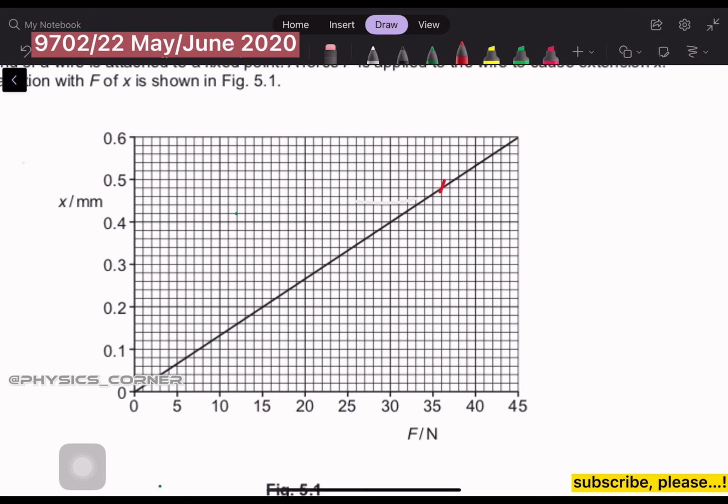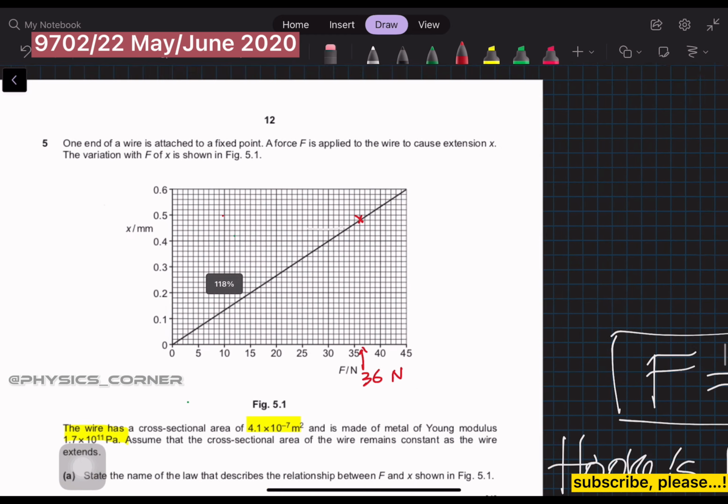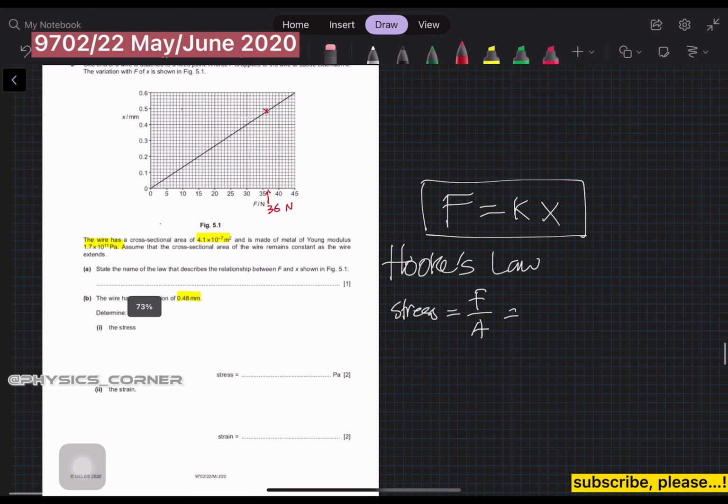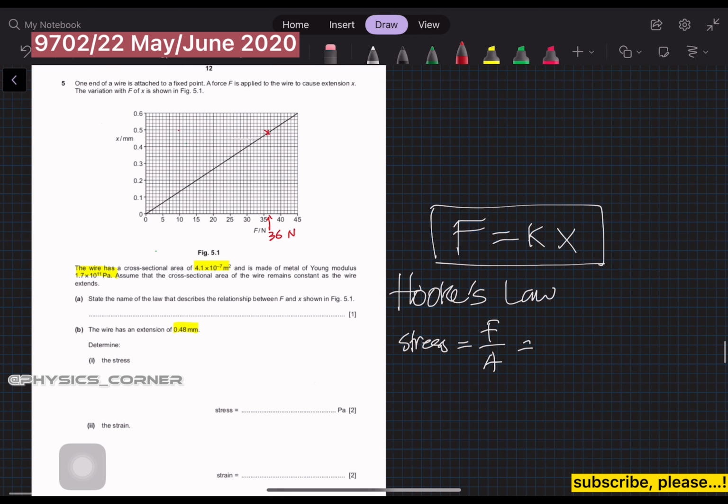So the force is here, 36 Newton. Okay, we go back again and zoom out. So force is 36 Newton, divided by the area. The area is still the same.